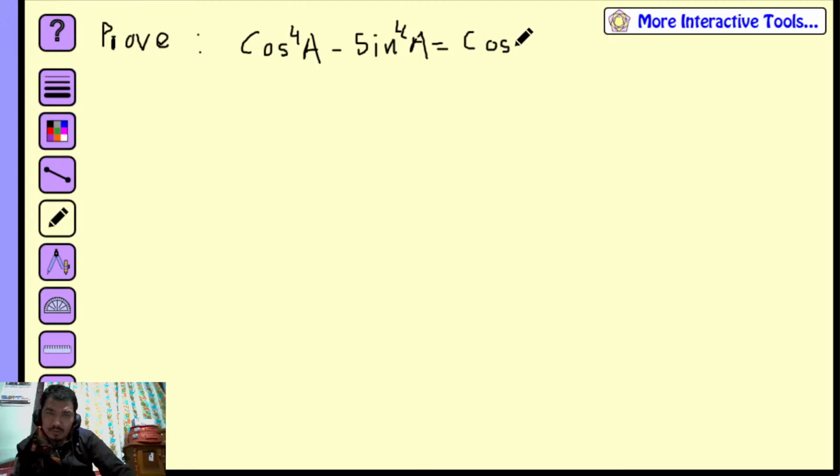How to prove this question, children? I'm giving it for you for practice and revision.